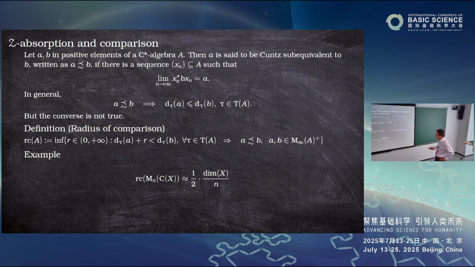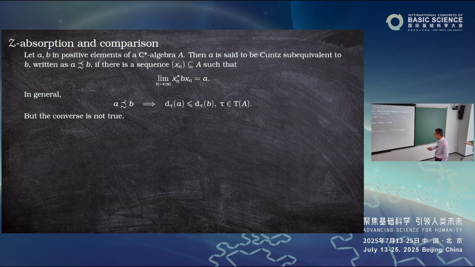Then this radius of comparison is more or less this dimension ratio. More or less, I mean, it's up to a plus or minus error, for safety. This 1/2 comes from the complex numbers C, because all the algebras we are looking at are over the complex numbers, and the complex number field has dimension 2 rather than 1. So look at this dimension ratio. This is the ratio between the topological dimension of X and the matricial dimension.